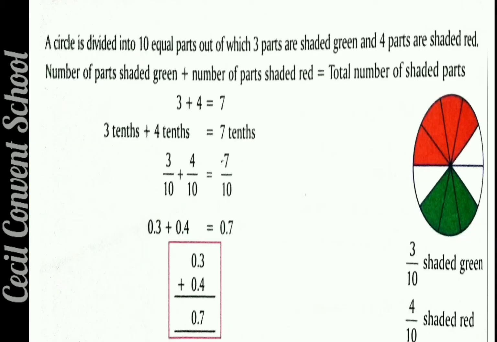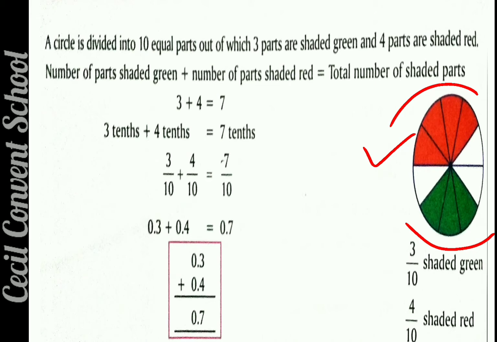First of all, students, we will learn this with the help of an example. See, here I have taken one circle and divided it into 10 equal parts, out of which 3 are shaded green and 4 are shaded red. So the total number of shaded parts is 7. How does it come?